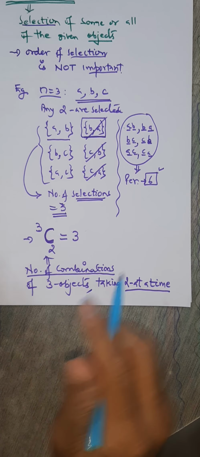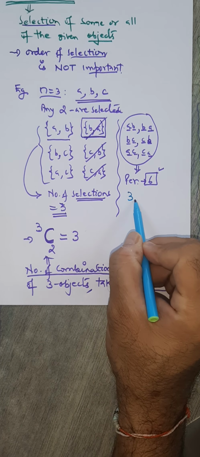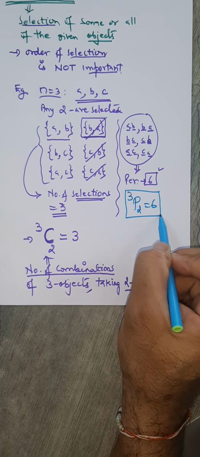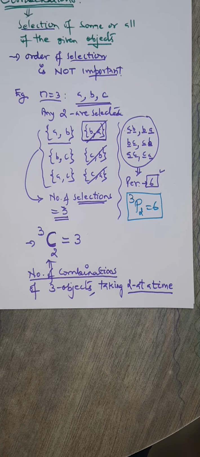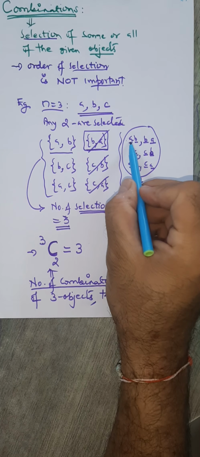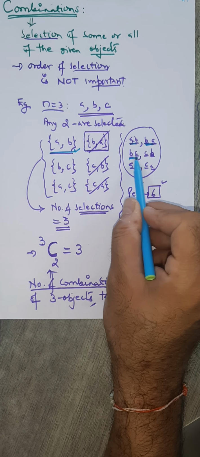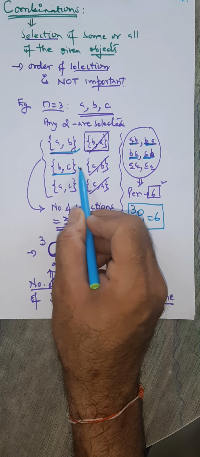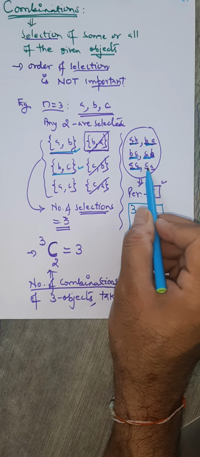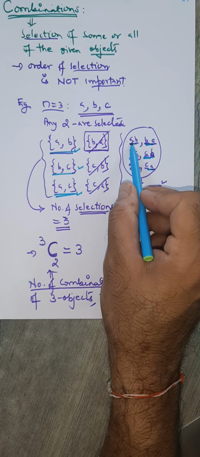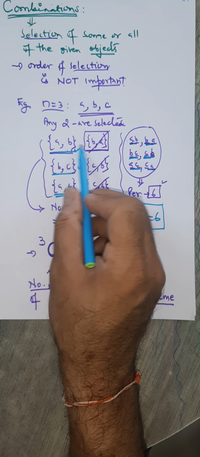What is this? Here you know 3P2 is given by 6. You know the formula also. Total number of permutations. Out of these 2 permutations, you have only 1 selection or combination. These 2 are different in permutation, but in combination they are the same.